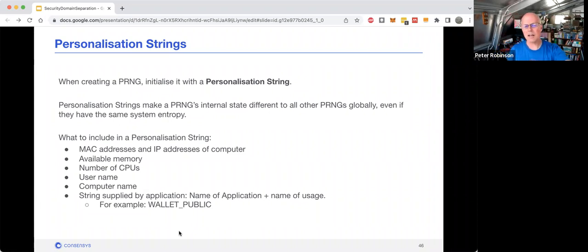So say the computer name, username, number of CPUs available, the available memory, MAC addresses, IP addresses, and as well, you have a string which really identifies, right, it's this application, this module within the application, this usage. So maybe it's a wallet underscore public or something like that. That's really providing a name to the actual application, because you can imagine there might be many applications running and they're all going to have the same MAC address and all that. But if they have a different application name and usage, then they're going to end up coming up with different numbers.